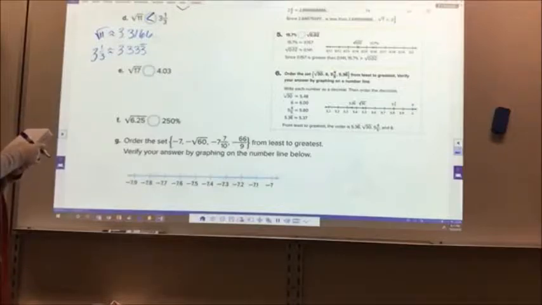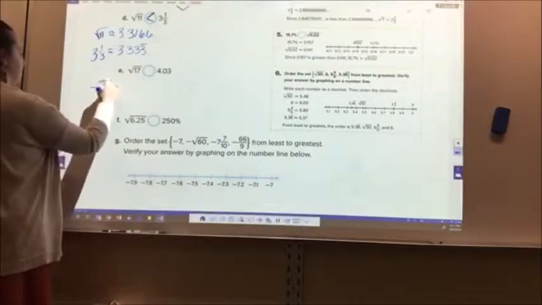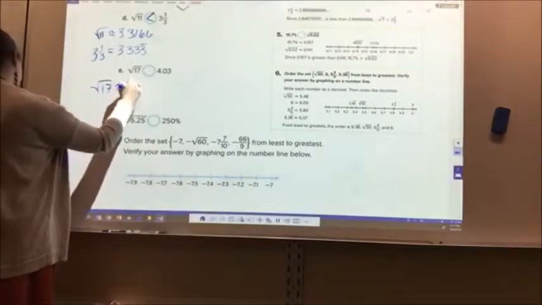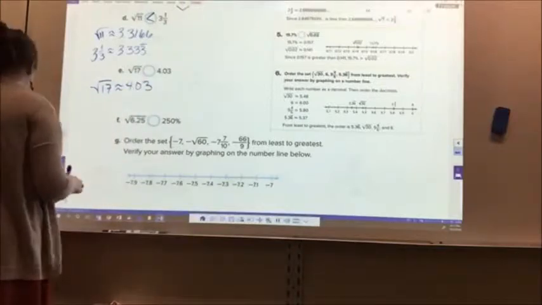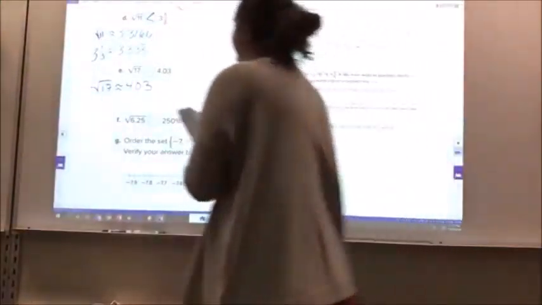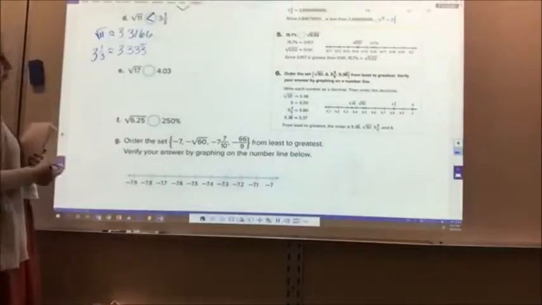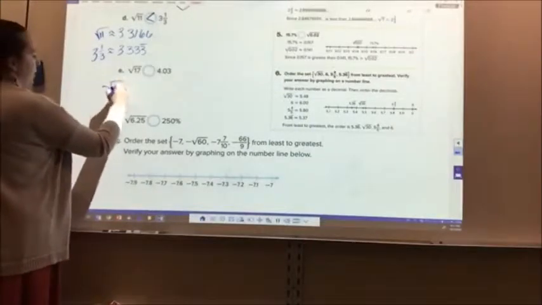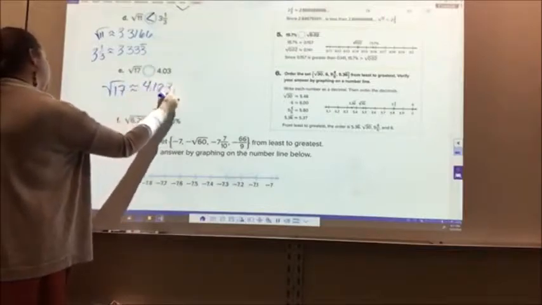For letter E, I have square root of 17 and 4.03. Square root of 17 is approximately 4.123.